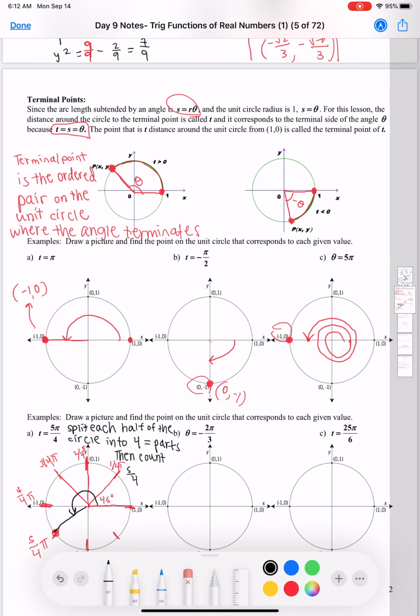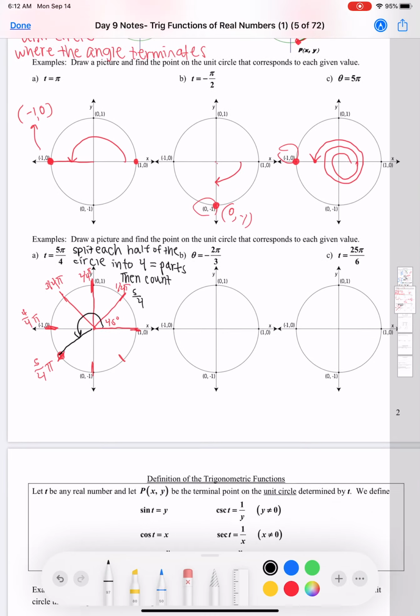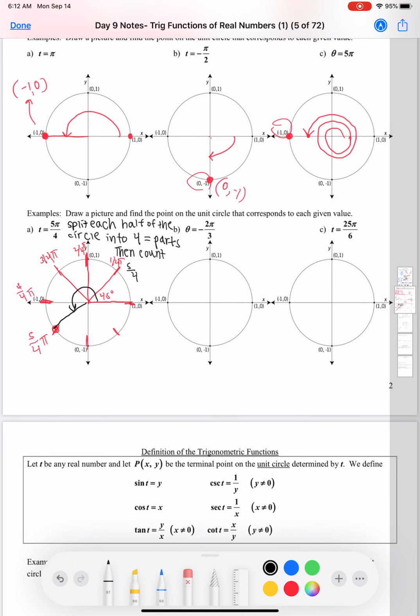And so now, let me just move this up. We found the position on our unit circle, but we need to find the point that corresponds to that.